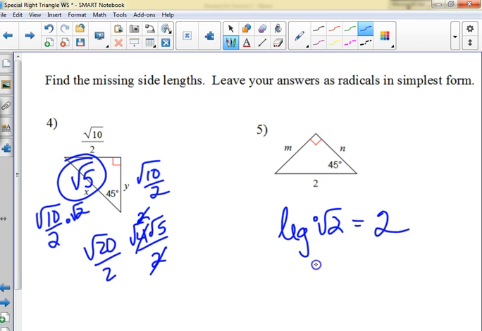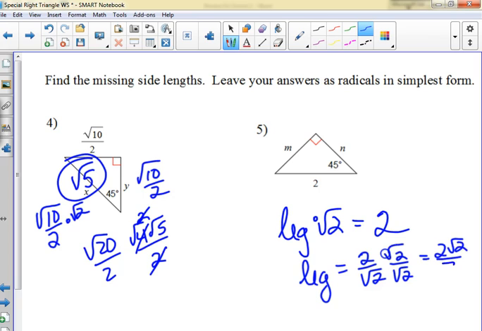So if we divide them both by square root of 2, and we do a little magic, we just get square root of 2. Because the square root of 2 times square root of 2 would be 2 here, right? Now, do you see how it's in disguise?